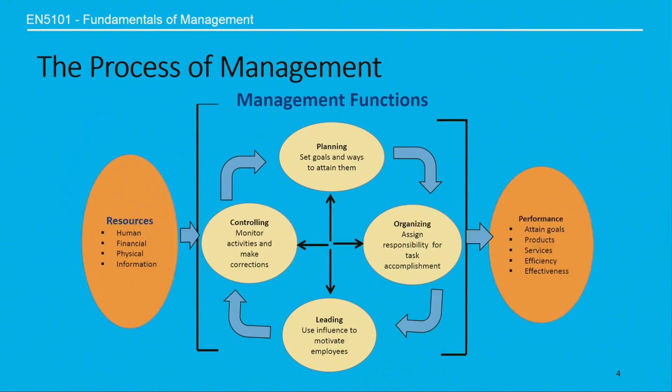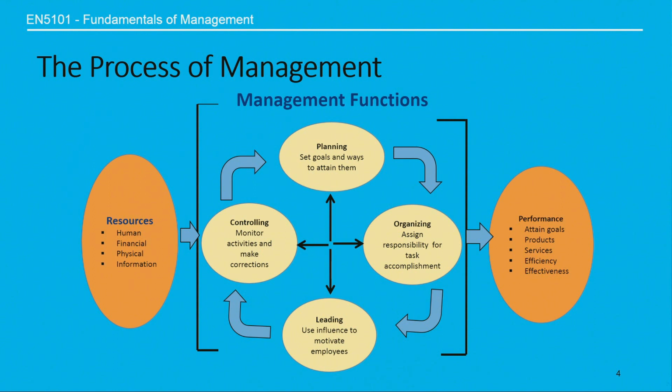These inputs or resources should be converted into performance through the management functions or the management process. As we noted in the definition, it has four functions: planning, organizing, leading and controlling, right? But we see this process is not a linear or one-directional process. It is a multi-directional or mutually related process, right?